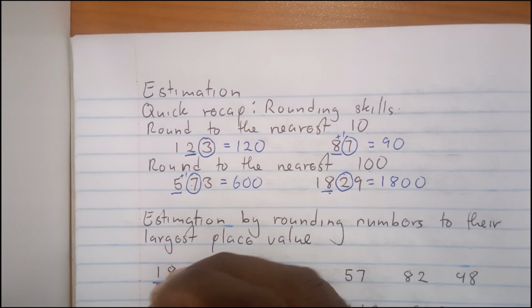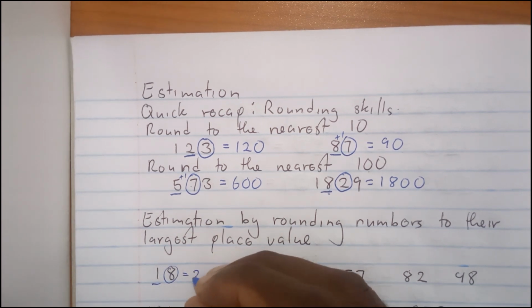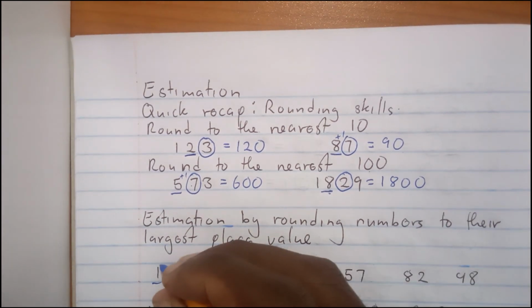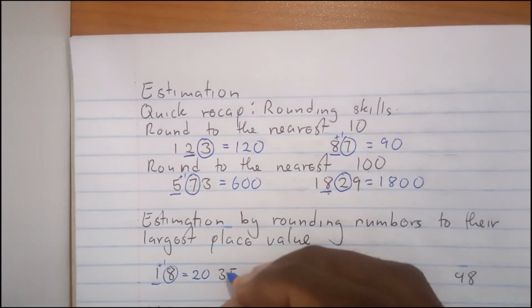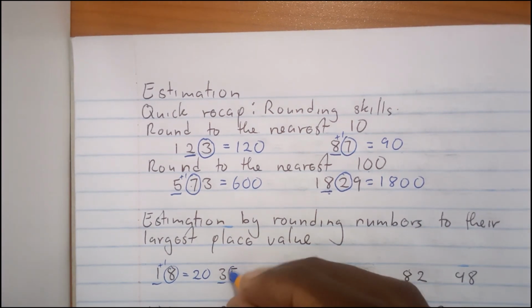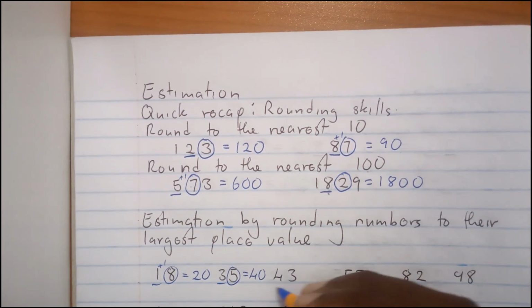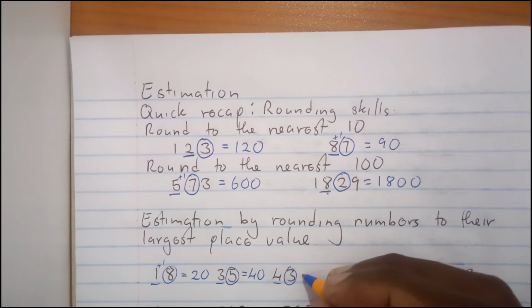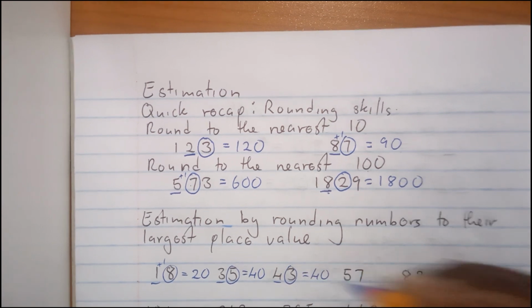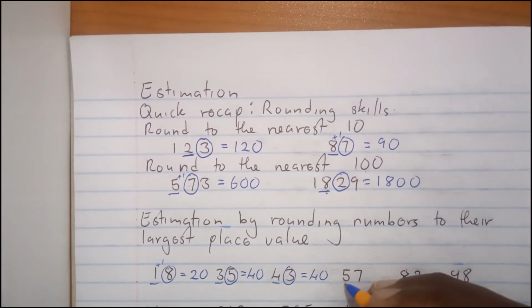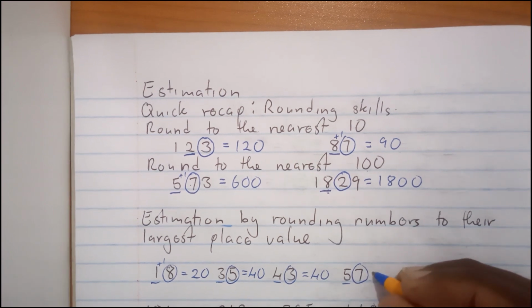Again, very quickly, underline, determinant. That becomes 20 because it's more than 5. Underline, determinant. That becomes 40. Underline the number, largest place value, determinant. That remains 40. Again here, underline number, circle determinant.